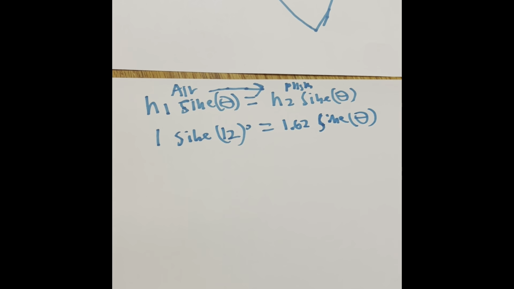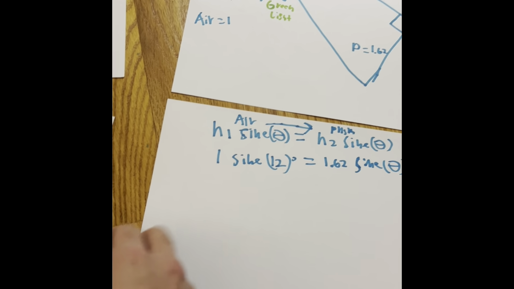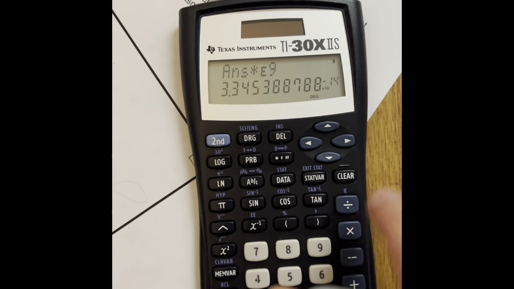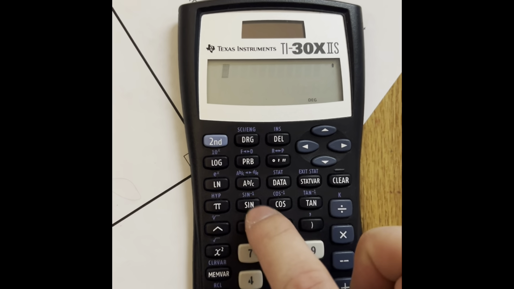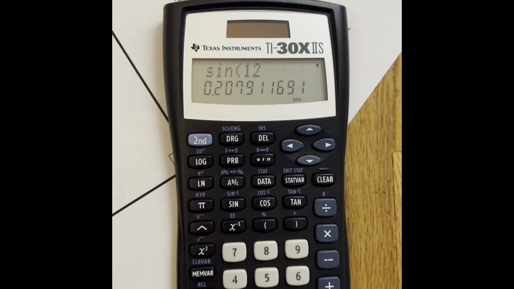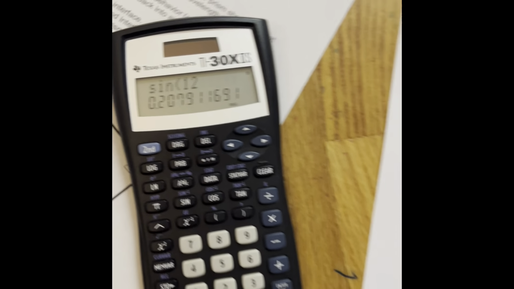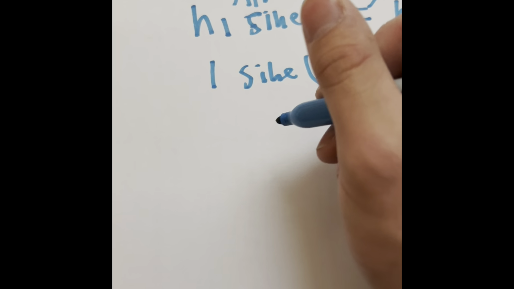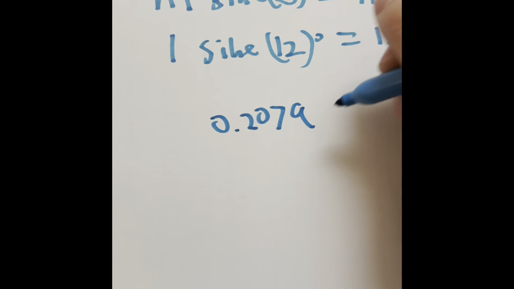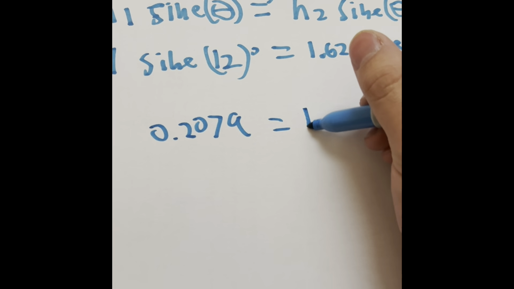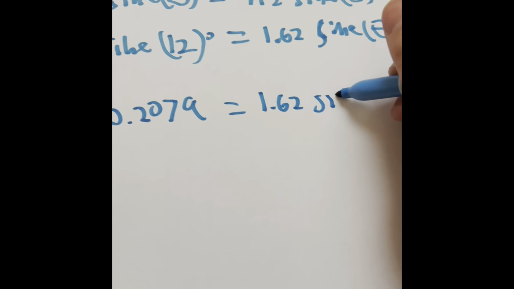Find the sine of 12. On the calculator, we are going to hit reset, and the sine of 12 should equal 0.2079. Times 1 is pretty much the same thing. And that's going to equal 1.62 times sine of theta.